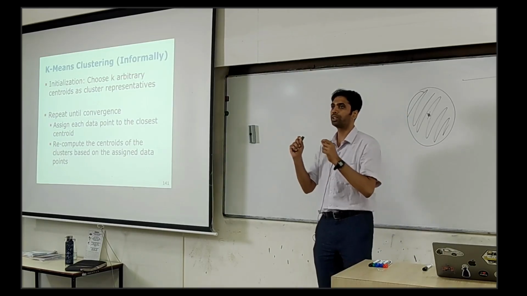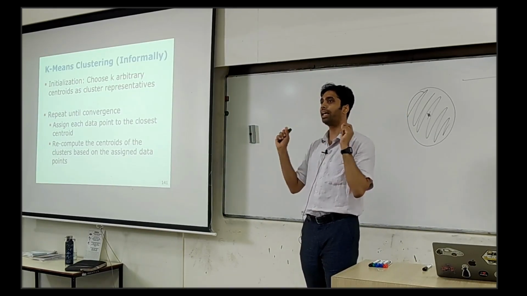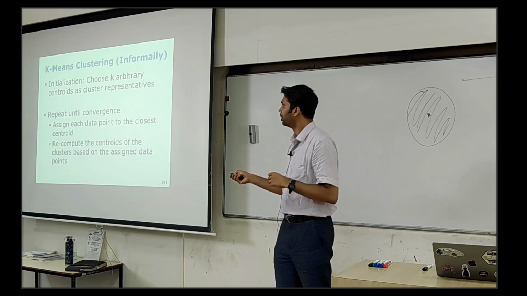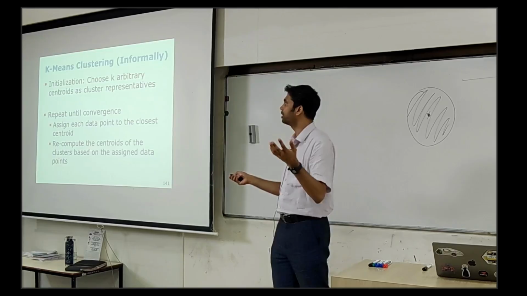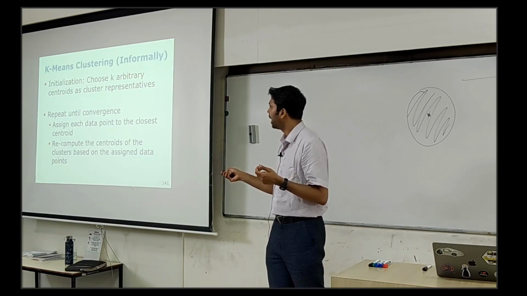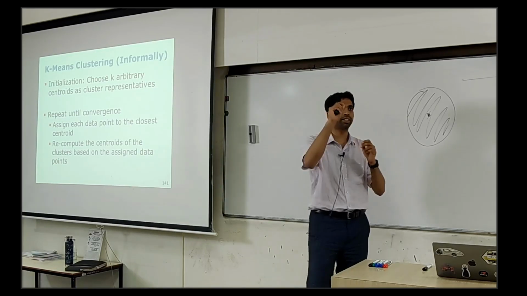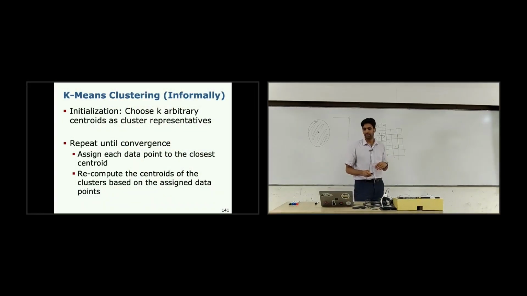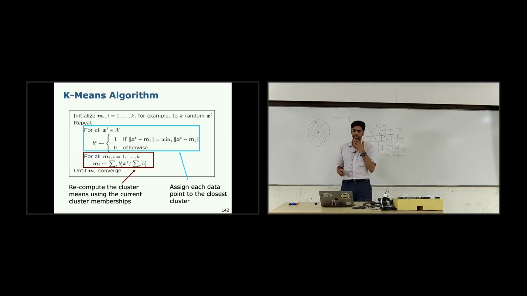And whichever is the closest one, assign the ID of that cluster to that particular descriptor. So this way you will assign colors to each one of your data points, and then you recompute the centroids. Once you have assigned the group belonging, then you redo the class assignment.